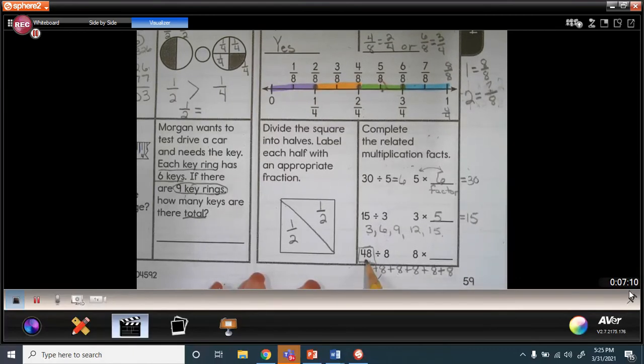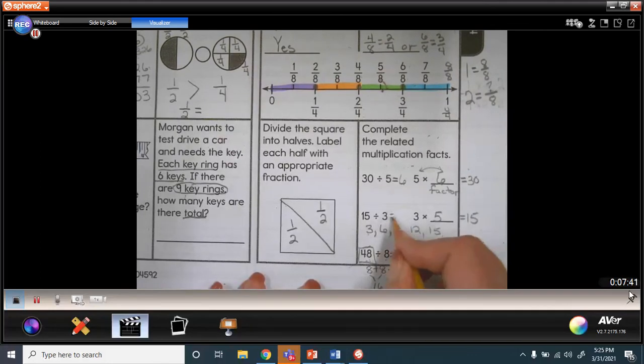There were 6 groups inside of 48. So when I took this 48 apart, I took it apart as 6 groups of 8. Remember, this is division, and division means you take the total and you break it up into parts, and you find out how many of those parts you're able to make when you finish pulling it apart. So 8 times 6 is 48, and 48 divided by 8 is 6.